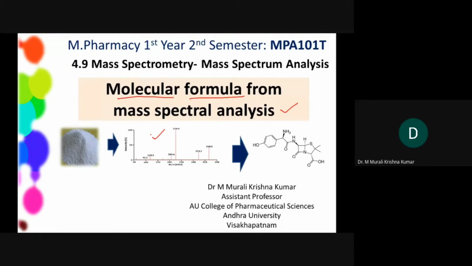During this period, so many techniques entered into mass spectrometry as the technology is evolving and the data available to us is increasing. So many techniques evolved for determination of accurate molecular formula of an organic compound.